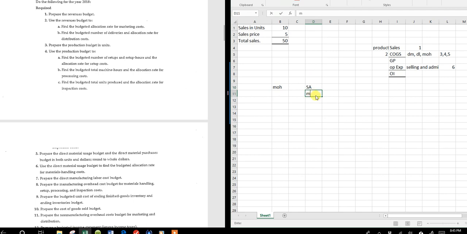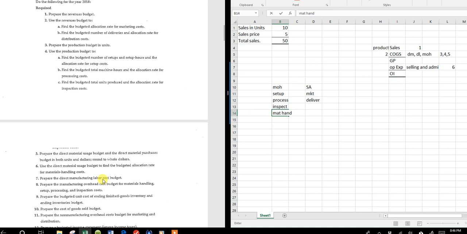In selling and administrative, we're going to have marketing, and we're going to have deliveries. For manufacturing overhead, we're going to have setup costs, processing, and inspection. Using the direct material budget, we're going to have material handling.